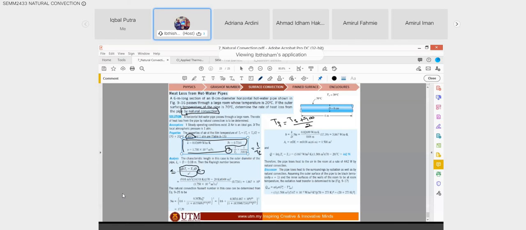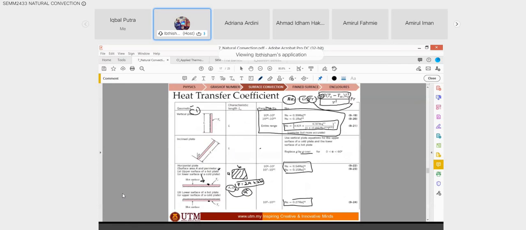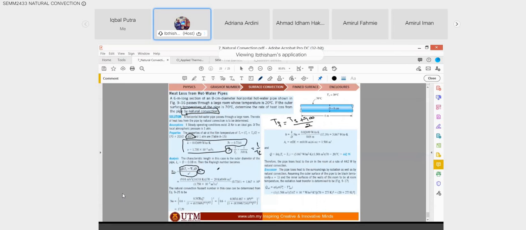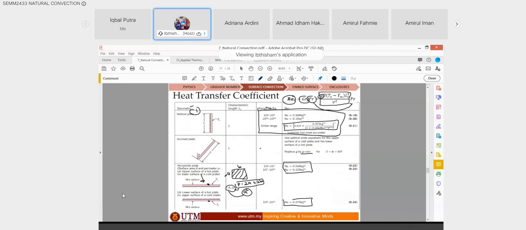So the Rayleigh number is a combination of the Grashof number and the Prandtl number. The Rayleigh number is the combination of the Grashof number with the Prandtl number. The Grashof number alone is not enough to determine the problem, because all the tables over here depend on your Rayleigh number.